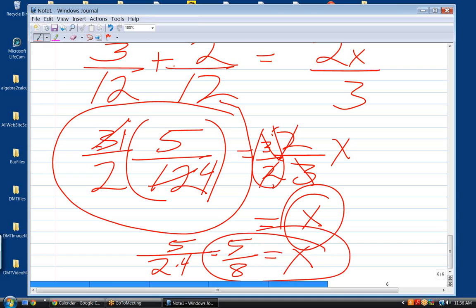Notice that I never dealt with a number greater than 8, or actually 12, this common denominator up here. But when you simplify before you do the math, it makes it a lot easier. You don't need calculators, you don't need any of that. But what you do have to be able to do is single-digit arithmetic.